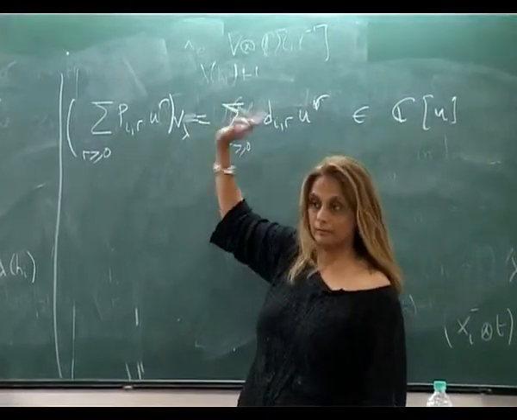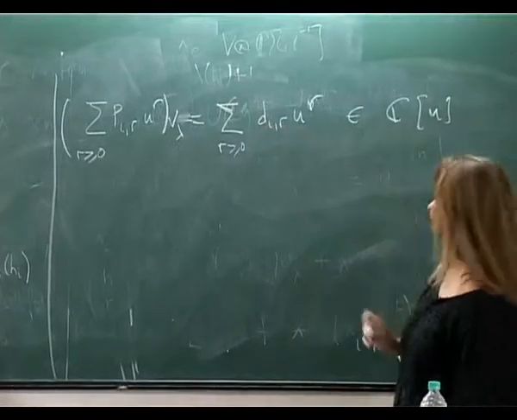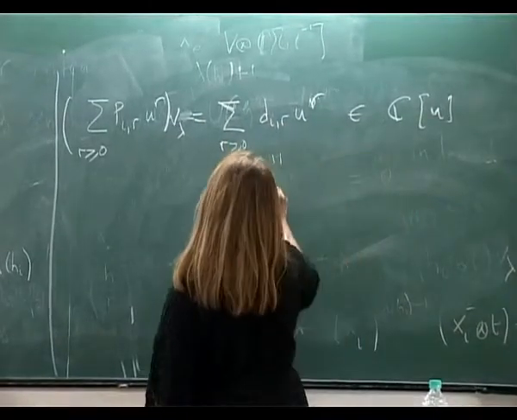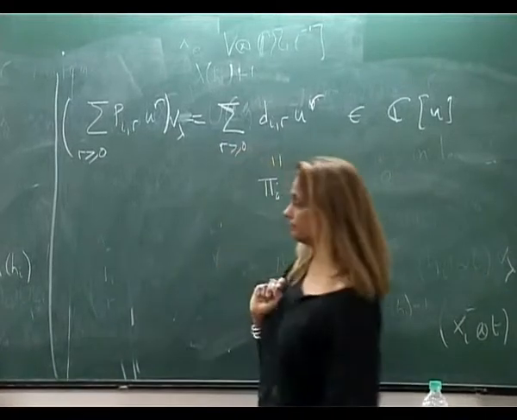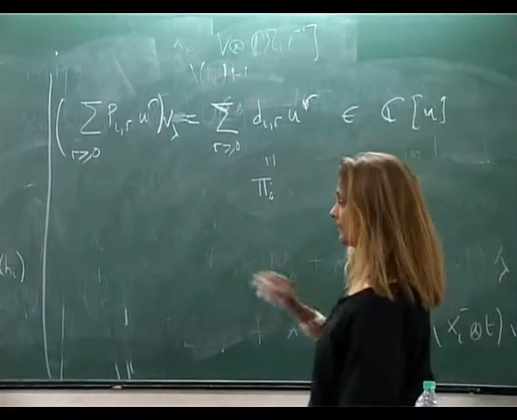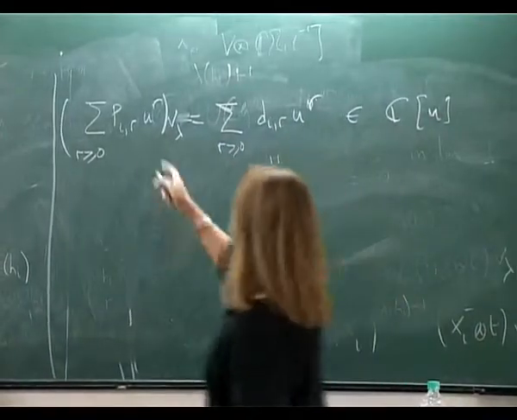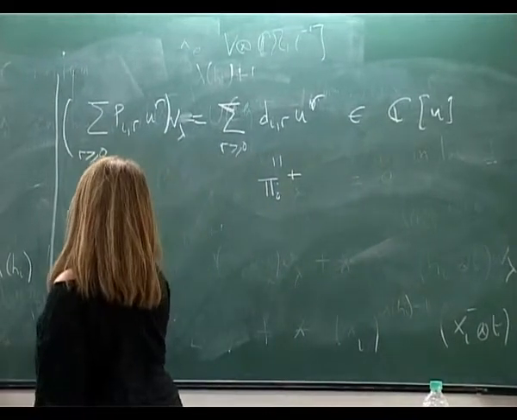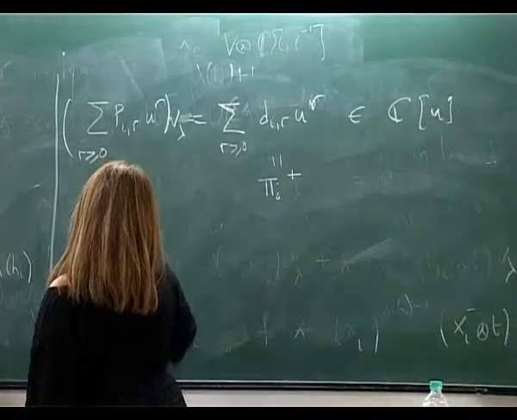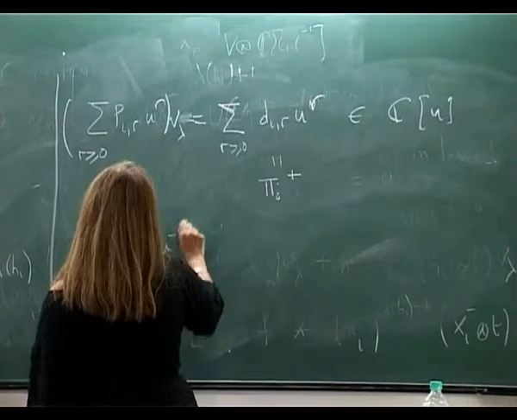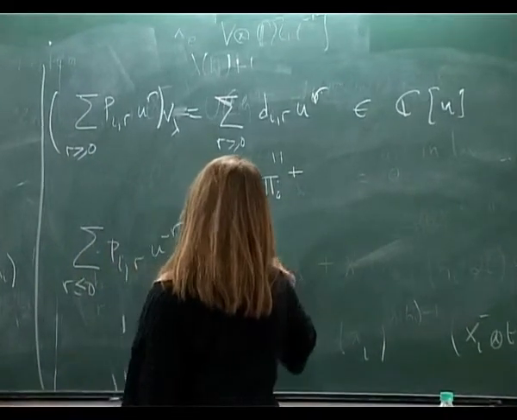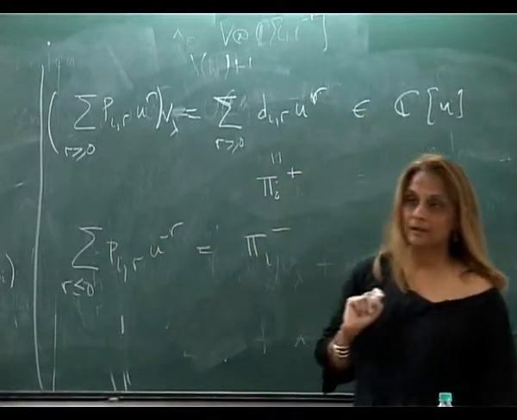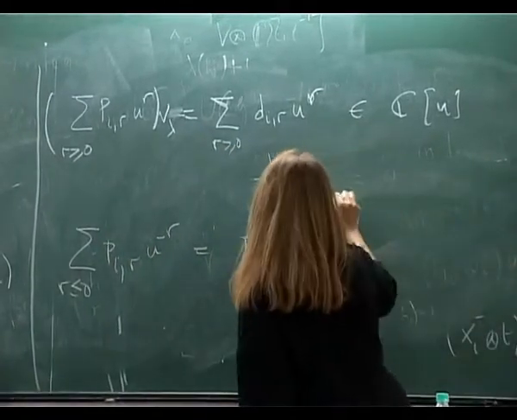These are called the Drinfeld polynomials. This polynomial I'll call pi_i plus. There's still something missing over here, and similarly for r less than or equal to 0, I have the sum of P_ir u^(-r), which will be pi_i minus, times v_lambda.